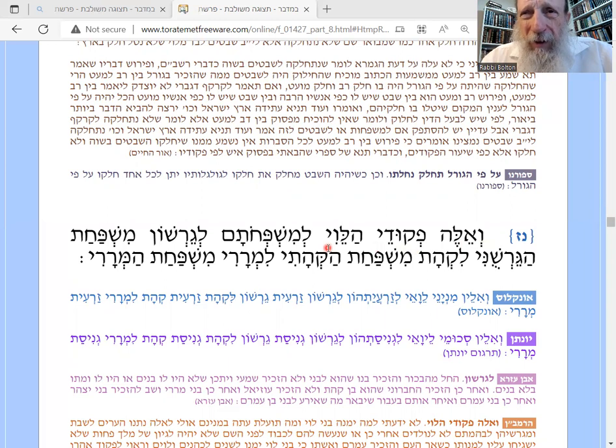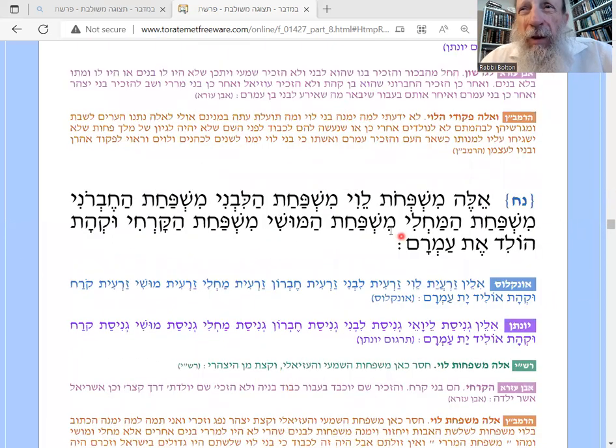Okay, now let's count the Levites. There was Gershon, Kahat, and Merari. These are the families of Levi: Mishpachat Livni, Mishpachat Chevroni, Mishpachat Machli, Mishpachat Mushi, Mishpachat Korchi.